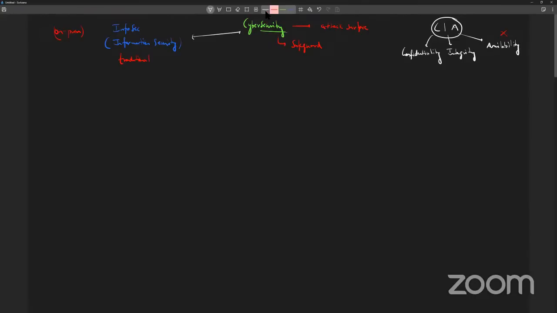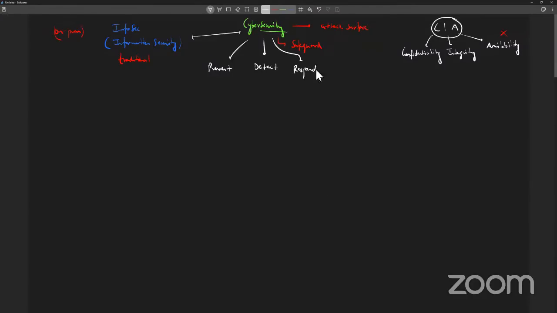Okay, and we do three things within cybersecurity. We try to prevent any attacks. If there is any attack that might have happened, we try to detect those attacks. And again, if something bad has happened, how do we respond?